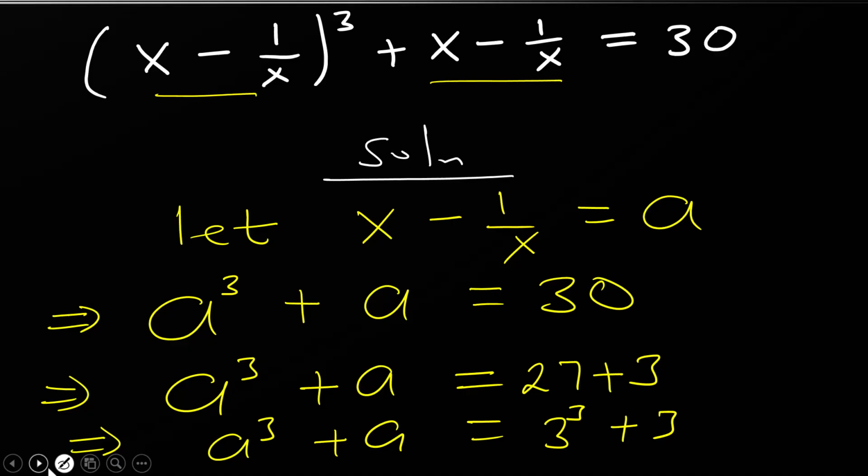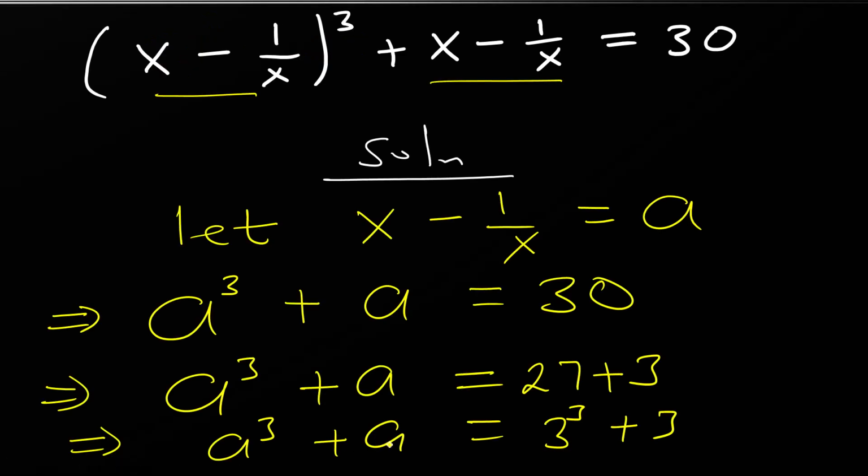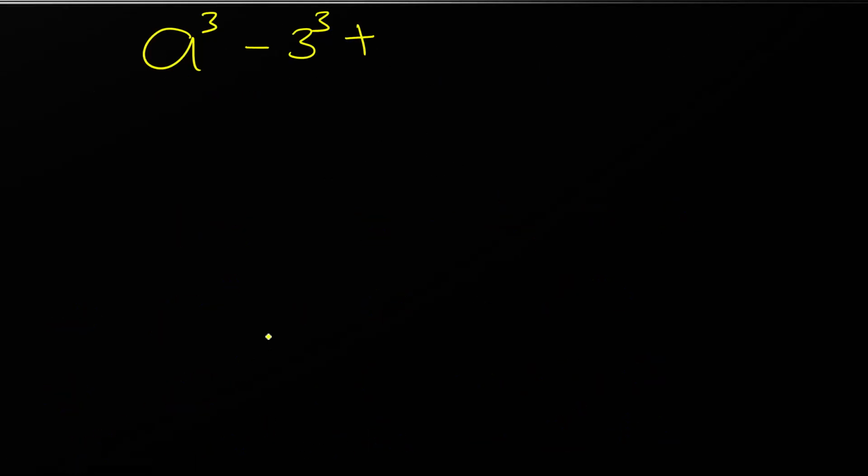Okay, so I have a cube minus 3 to the power 3 plus a minus 3 equals 0.